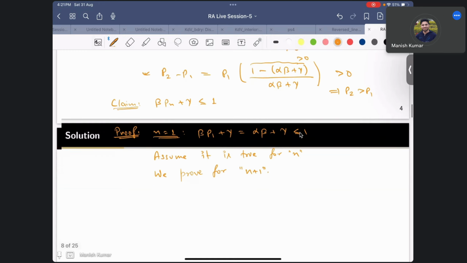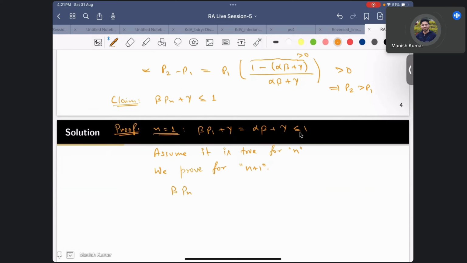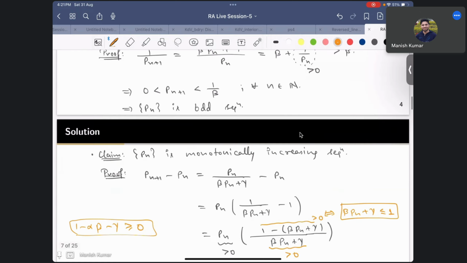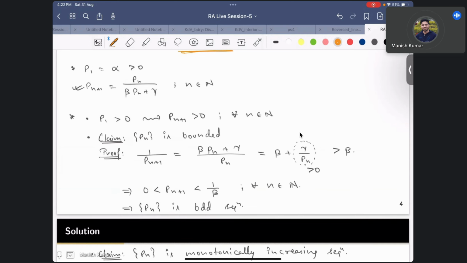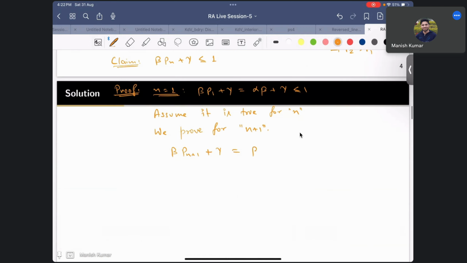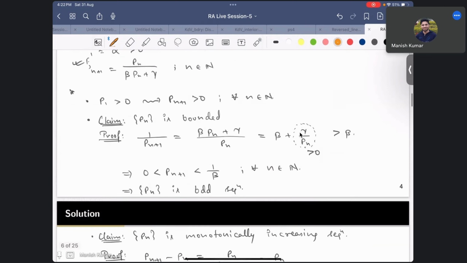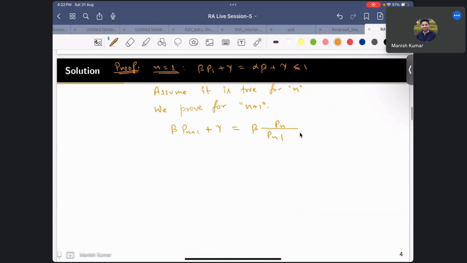Okay, so we have beta Pn plus 1 plus gamma. So let me write the definition. So we have beta Pn over beta Pn plus gamma, and then you have plus gamma, right?